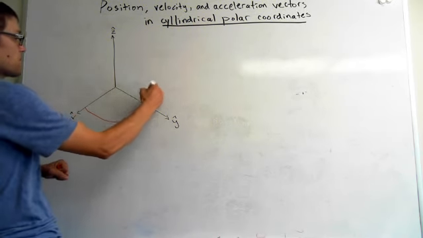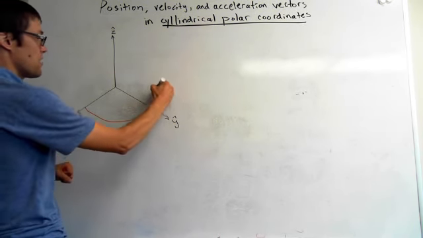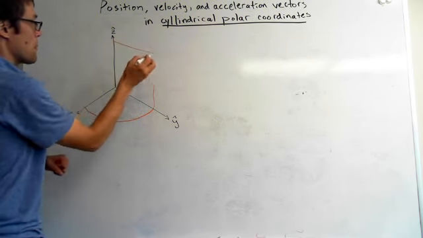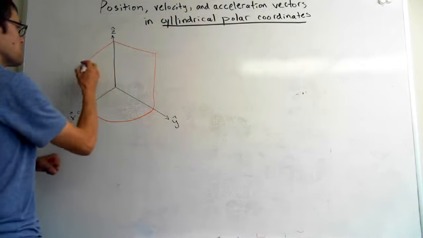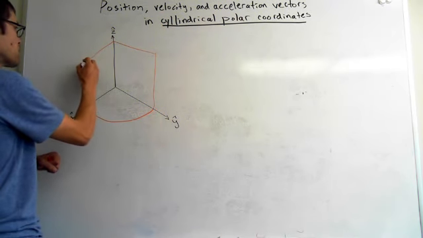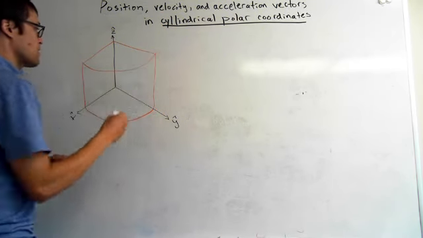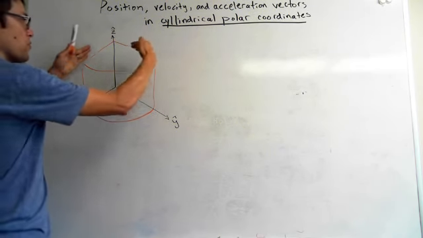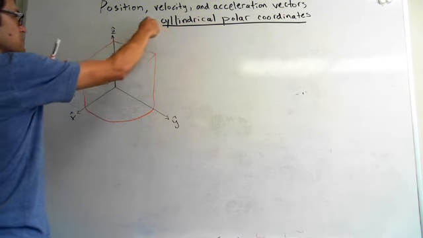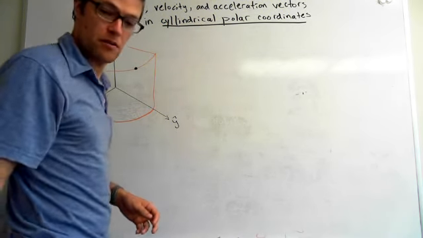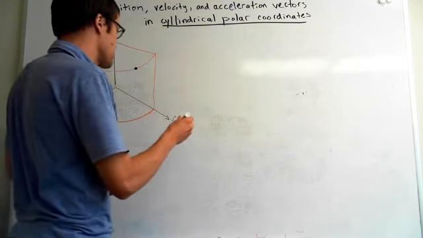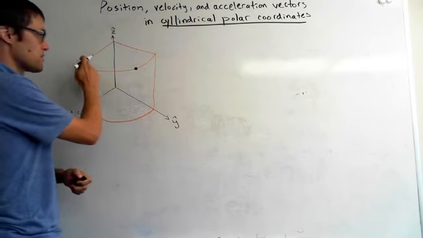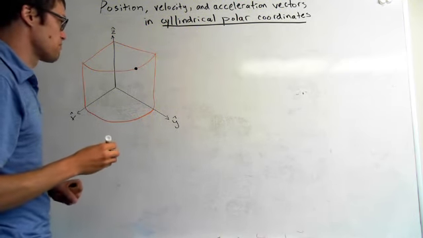Now let's draw one edge of that structure. Okay, that is supposed to look like a quarter of a cylinder. If you were to draw the complete cylinder, it would go all the way around. We'll be describing the position, velocity, and acceleration of a particle located right here on this upper edge of this quarter cylinder.